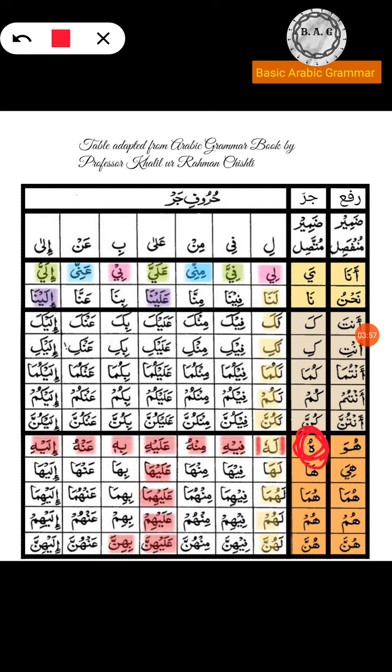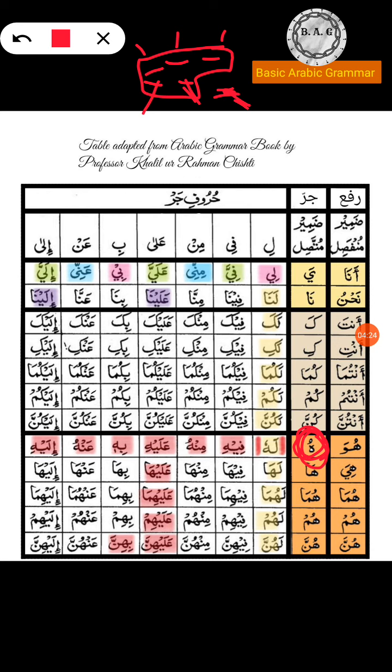We had studied the block. Let me form that block here. So this was she. We had hua, huma, hum, hiya, huma, hunna. So all the jar pronouns. What were the jar pronouns? We had who, huma, hum, hiya or ha, huma, hunna.